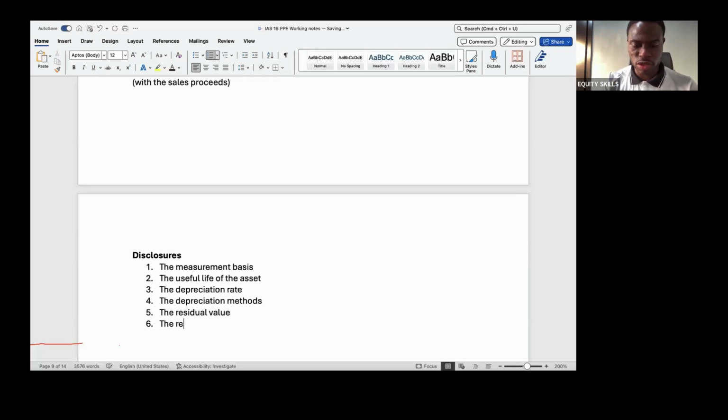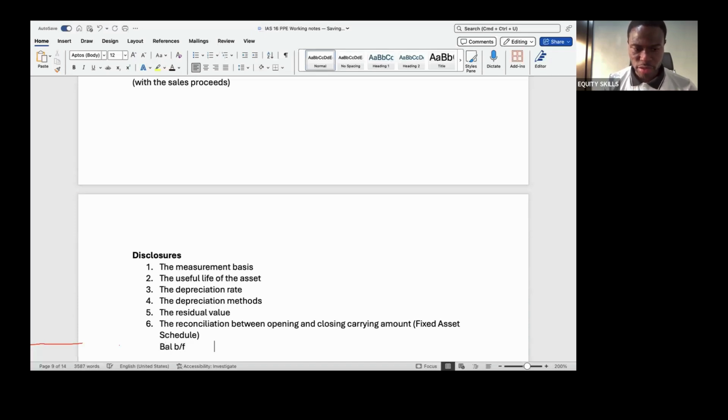And you need to do a reconciliation between opening and closing carrying amounts, which is the fixed asset schedule that I told you about. That's when you find us doing something like this.